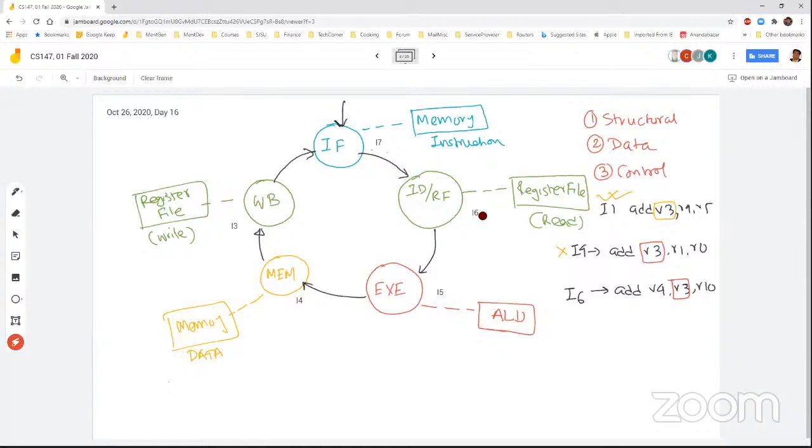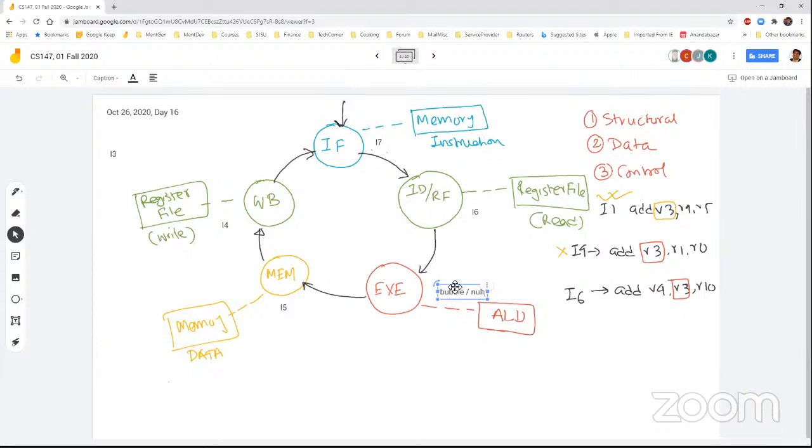We need to somehow resolve that hazard. For that, one obvious step is to delay I6 till the point I4 goes into write back. So I4 came here, I5 came here, but we don't send I6 right there. We keep I6 waiting. So this becomes your bubble state or null state.